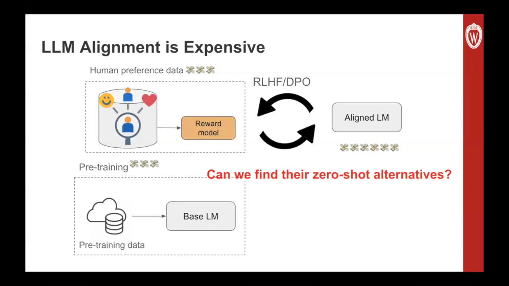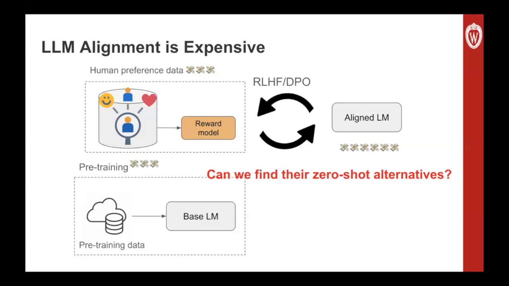So the current way that people align LLMs with human feedback is pretty complicated. So let's talk about that first and then see if we can find a zero-shot alternative to this process. Given the base pre-trained model, we first have to collect human preference data, which is usually in the form of a query with multiple responses, and then you have to give scores to these responses based on how humans would prefer them.